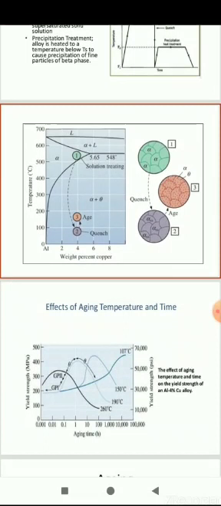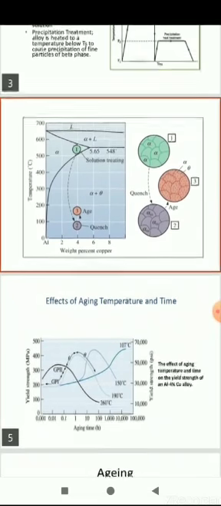We maintain the same temperature for 24 to 36 hours. Afterwards, we can turn off the furnace and keep the material inside it.